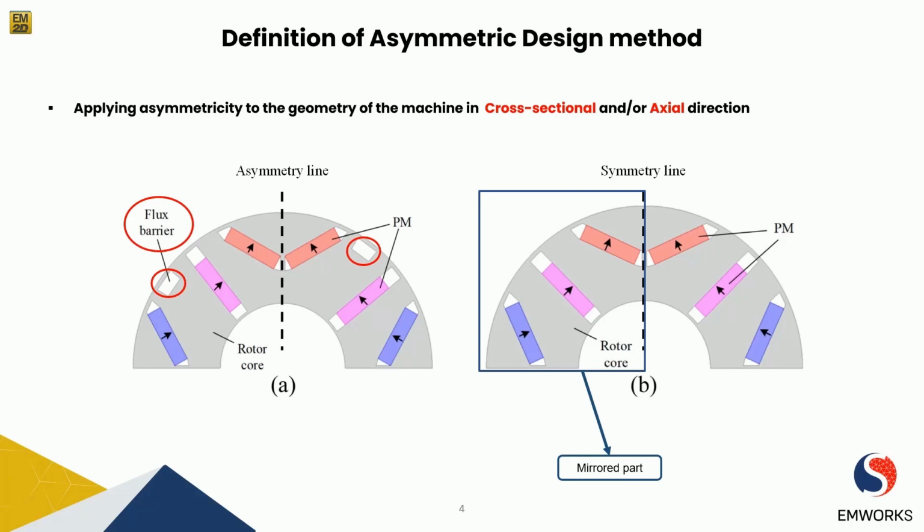As you can see, by adding this flux barrier, we created asymmetricity, and as we can expect, we will see a different performance, different torque compared to the initial and conventional symmetric design. This is the base definition of the asymmetric design method from the perspective of geometry.